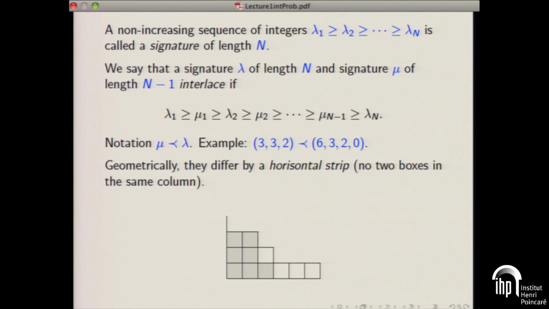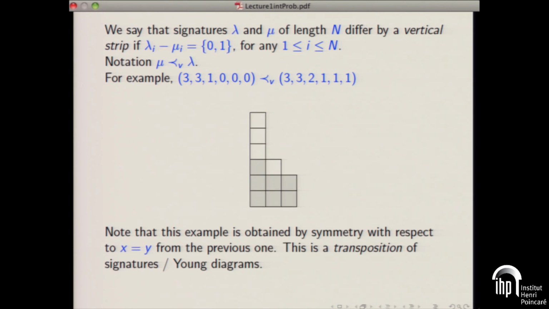I also need a very similar notion of vertical interlacing. If two signatures of the same length, lambda and mu, differ by a vertical strip, formally I define this by requiring that for every i the difference between lambda i and mu i should be either 0 or 1. We have some example.